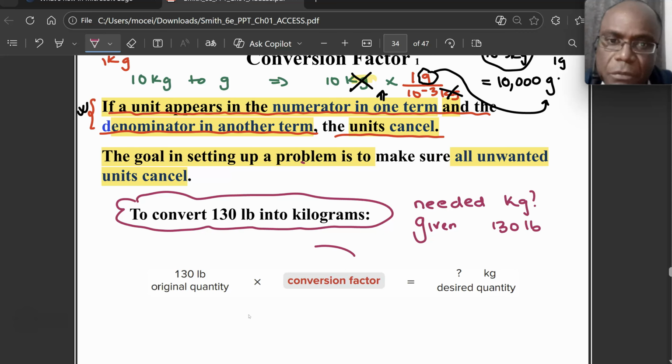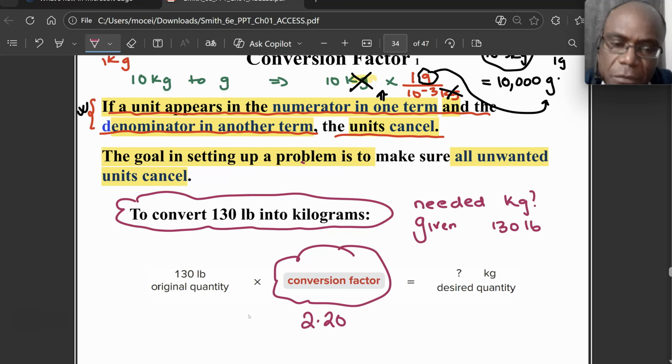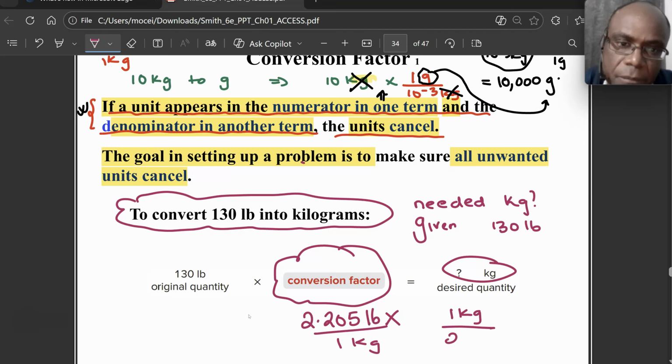So we have to use some sort of conversion factor, which I believe is 2.205 lbs is equivalent to 1 kg. Now, where are we going? We are going to the kg. I don't want to use this fraction representation. I want the kg on top, which is what I emphasized before.